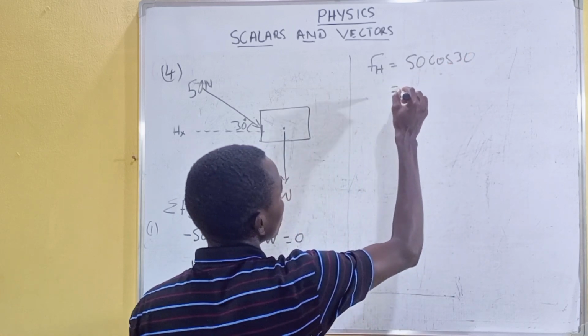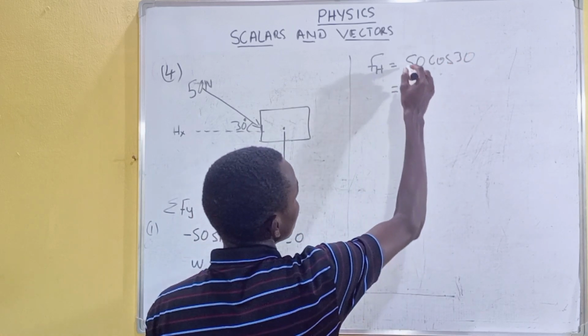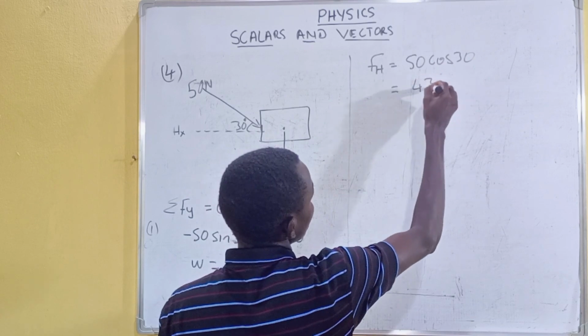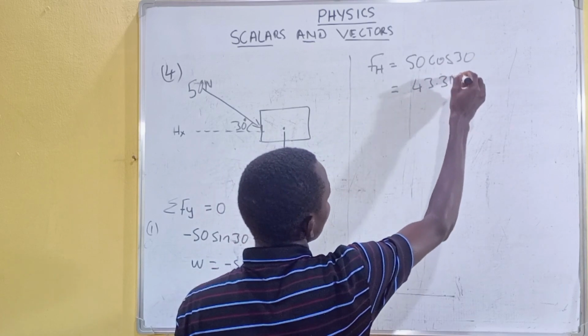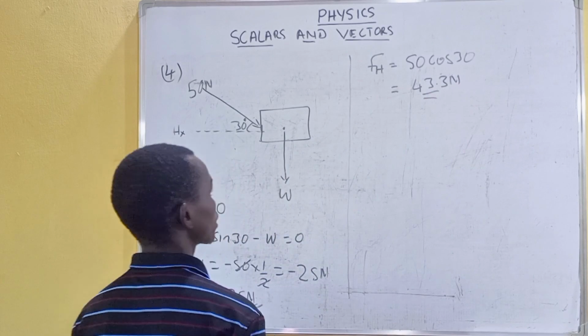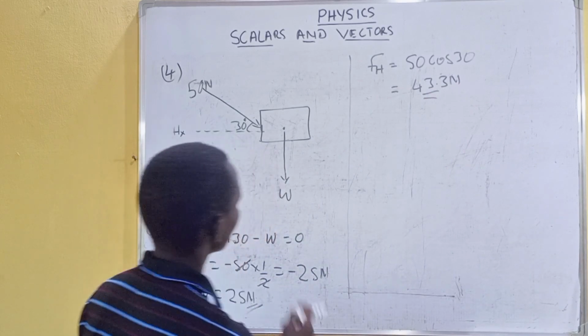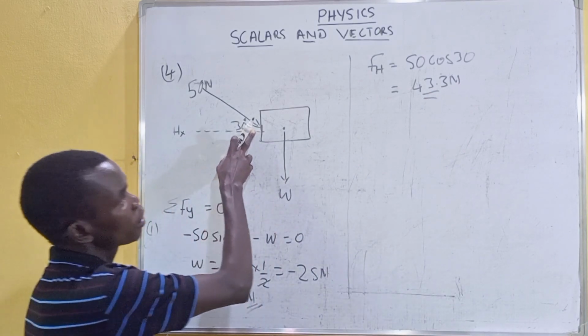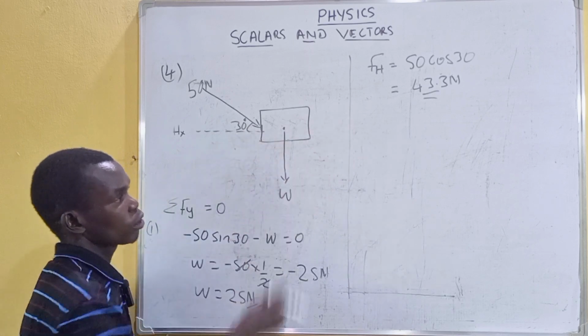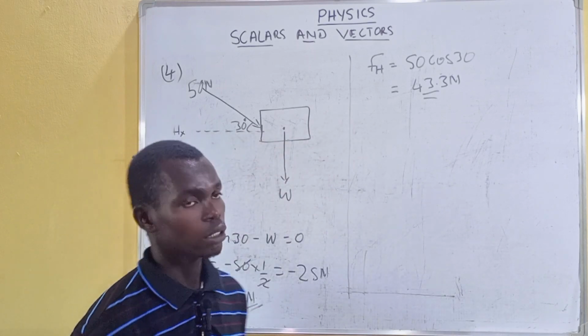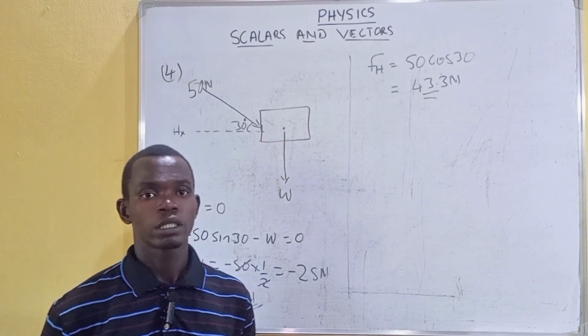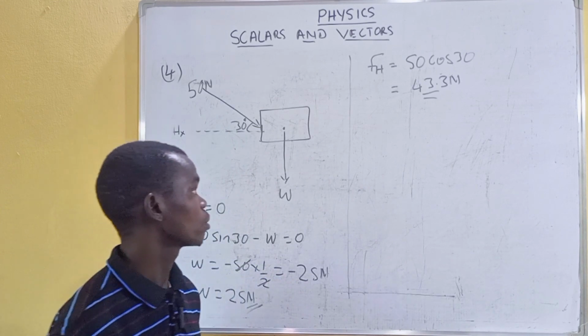When you press your calculator, you know that this is equal to 43.3 Newton. It is moving in this direction, so it will be positive 43.3 Newton. This is our answer to this question.